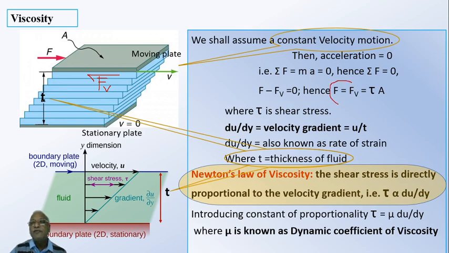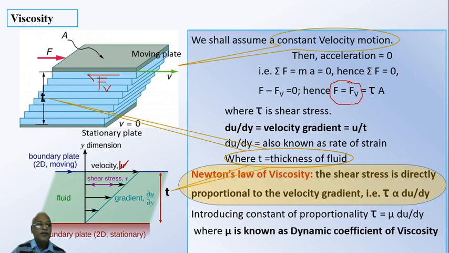So the applied force on the plate is equal to the viscous force, and viscous force is equal to tau into A. Because of that, we can calculate tau, the shear stress: Fv by A would be the shear stress. If you look at the lower sketch, the velocity of the plate is u or v, whatever is shown here.